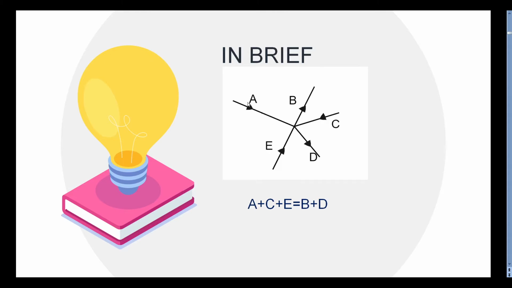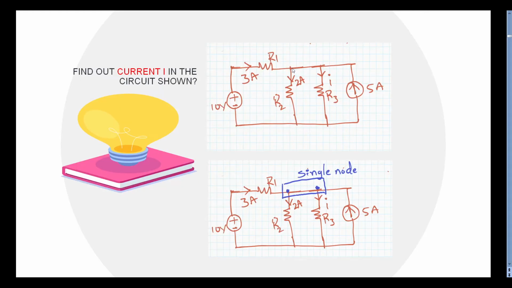Entering currents are A, C, E, so their sum is A plus C plus E. The leaving currents from the node are B, D, and their sum is B plus D. So by KCL, A plus C plus E is equal to B plus D. This is what KCL is.